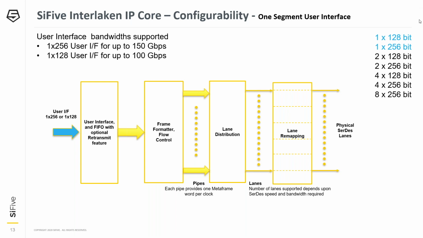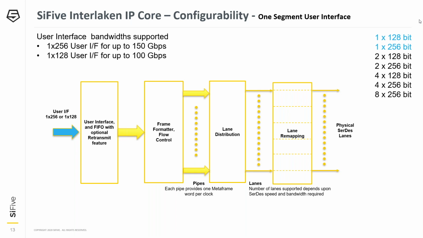Next comes the frame formatter and the flow control block, which takes the user data and converts it to a metaframe word, which will be placed in each individual lane. The output of the frame formatter block is referred to as pipe. The lane distribution block then takes the 64-bit pipe data and converts it to lane data.